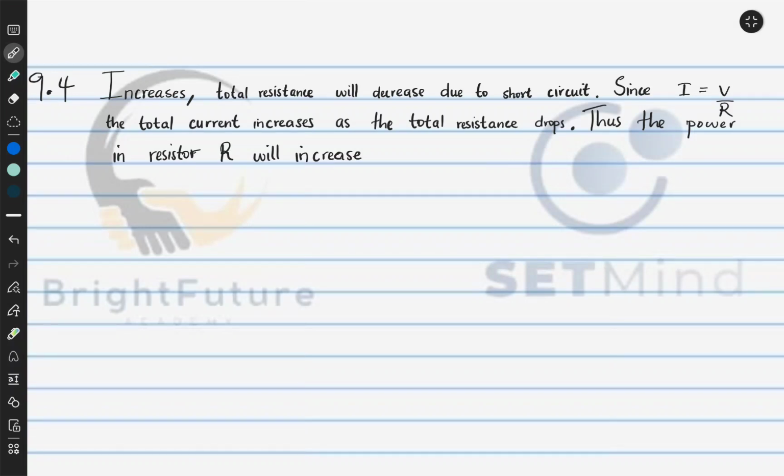And then since we know that I is equal to V over R, reducing the resistance effectively increases the current. So the total current increases since the total resistance has dropped. Now, as the total current increases, this entire total current will flow through the remaining resistor. So that means the power in that resistor will increase, because before it wasn't getting that much current flowing through it. So an increase in the current will also increase the power.